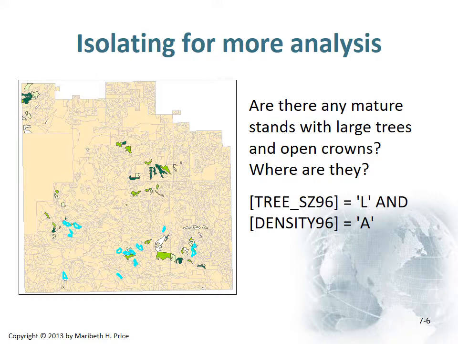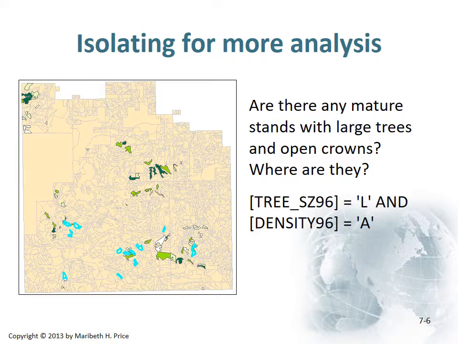And so the variables that we're querying here, tree size is 96, and the density or crown cover is 96, so measurements that were made in the year 1996. So the tree size equals L for large, and A is the code for open crowns.